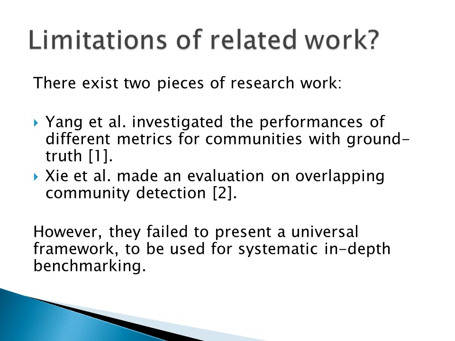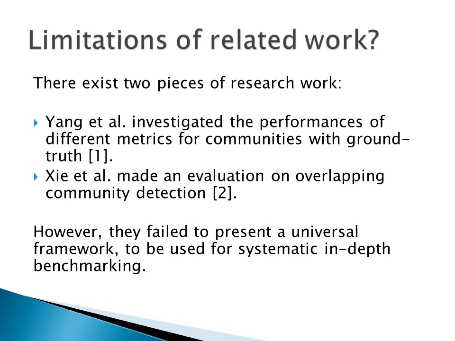Let's take a look at the limitations of related work. So the authors in the paper describe that there are two related studies done which are similar to what they're trying to study. These two studies are done by Yang and others, who investigated the performances of different metrics for communities with ground truth, and Z and others made an evaluation on overlapping community detection.